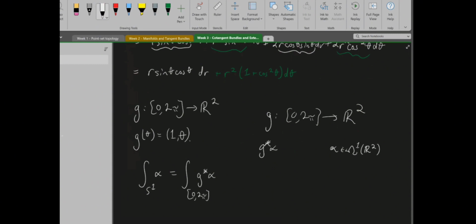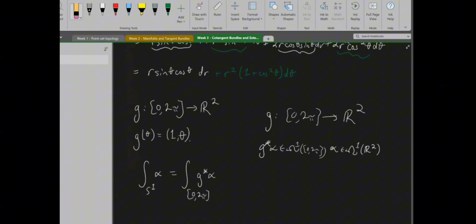Then G star alpha, I'm pulling it back to the parameterization space, so it should become a differential one form on that space. Okay, that's there. So we want to integrate that naturally. I don't really have to write down where I'm integrating; if I didn't write it, it would be obvious from what it's a differential form on.